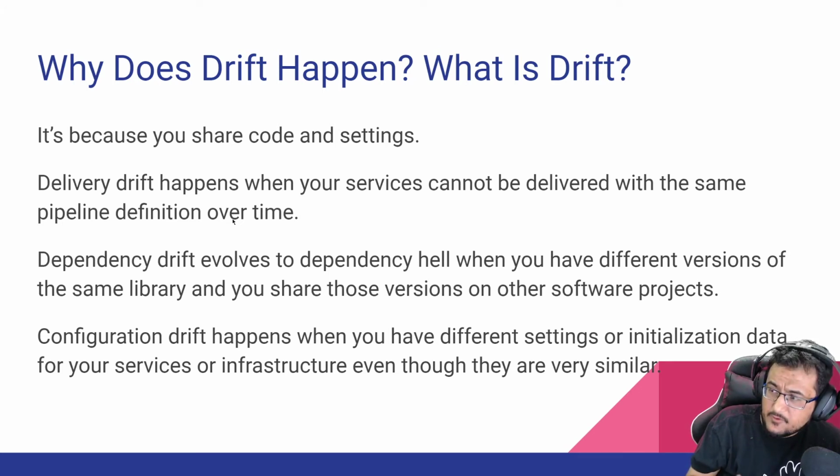But if you're not using the latest pipeline version in every service, then you will have problems because some of them cannot be delivered, because the new definition of the pipeline will have a new construction or a new deployment step that isn't enforced when you're trying to deploy, let's say, into Kubernetes or something like that. You won't be able to deploy that service because the pipeline is not up to date, and that's delivery drift.